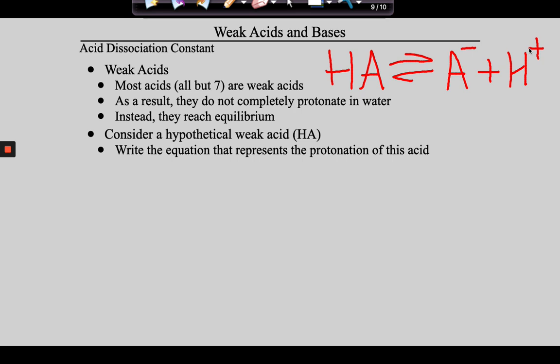It doesn't, but please get in the habit of writing the conjugate base first. You don't need to change it now, but it will make your life so much easier when we start getting into common ion and buffers in chapter 17. So get used to putting the conjugate base first and then the proton second. But regardless of how you did that, now write the Kc expression for this.